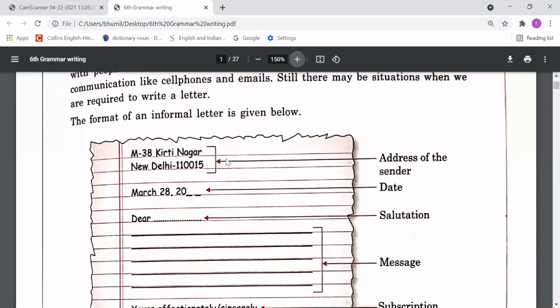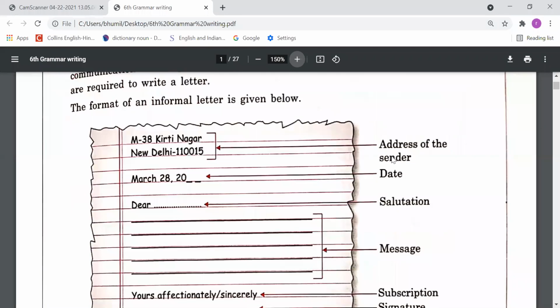Let's talk about the format. First of all, we need to mention the address of the sender. Sender address means the address of the person who will send the letter. After that, we skip one line, then mention the date. Then the salutation: Dear Rahul, Dear Mom, Dear Father. In this way you can write the salutation.